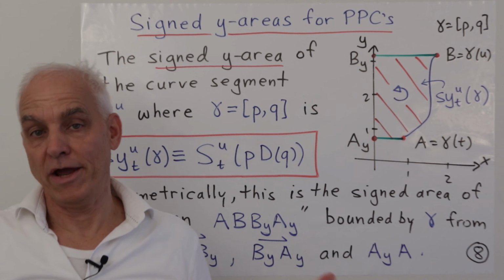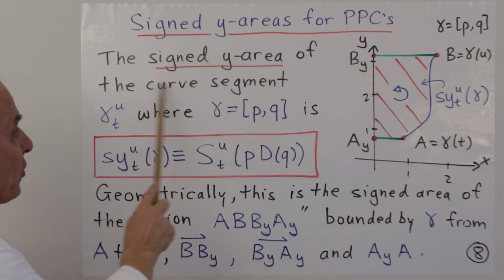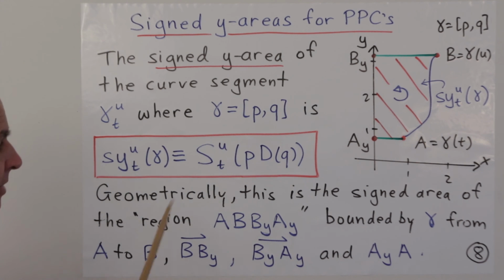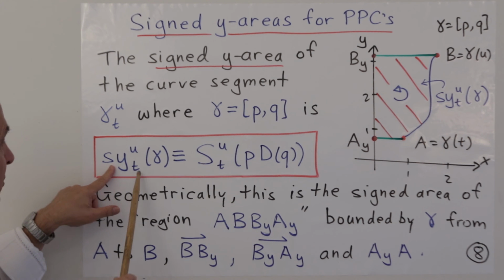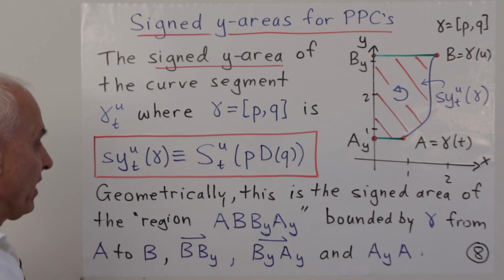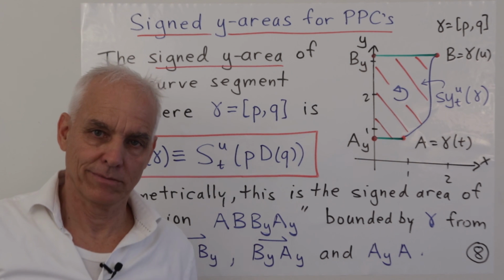And so now we introduce signed y areas for polynomially parameterized curves. The signed y area of the curve segment gamma from T to U, where gamma is PQ, is, here it is, Sy from T to U of gamma, and it's by definition the Faulhaber integral from T to U of PdQ.